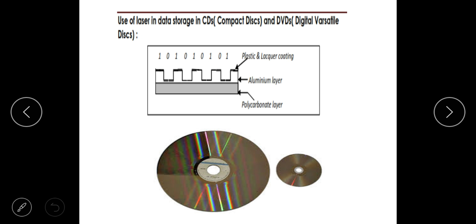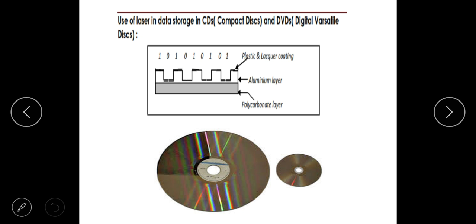The second use of laser is in the data storage of CDs. That is what I have shown here, the use of laser in the storage of CDs. What are these CDs? Usually these compact discs or DVDs are made up of three thin circular layers of about 12 centimeter diameter.